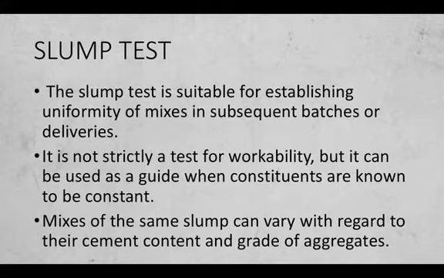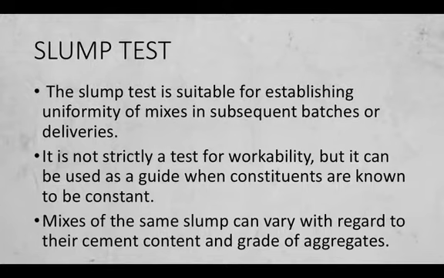Mixes of the same slump can vary with regard to their cement content and grade of aggregates. This means that if you have different mixes that produce the same slump, the reason these different mixes can produce that same slump is that the cement content may be different or the grading of the aggregates.